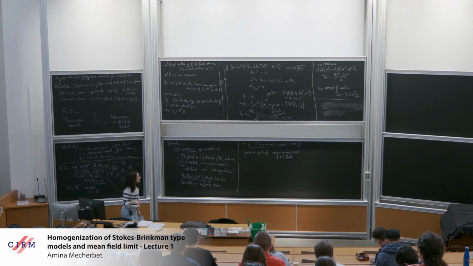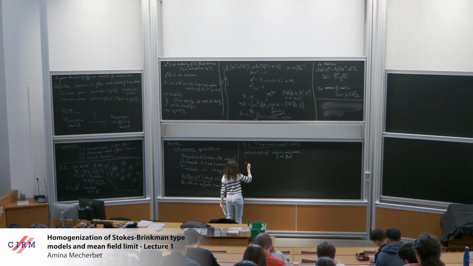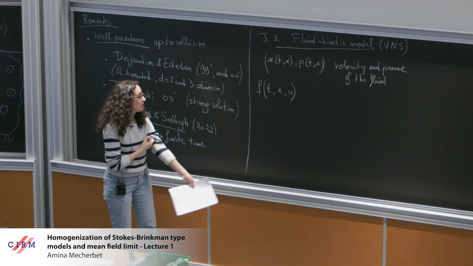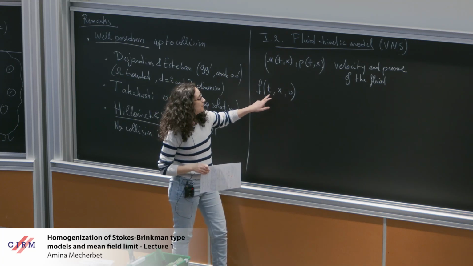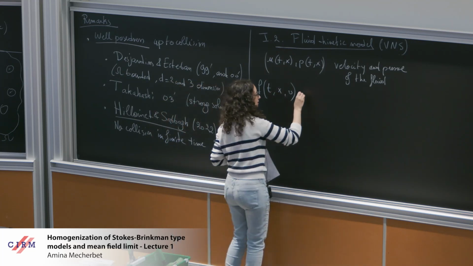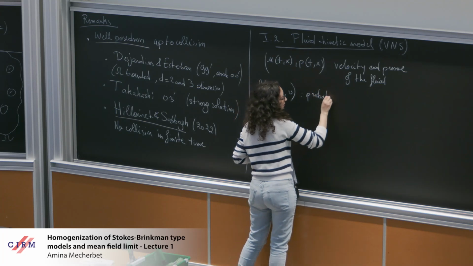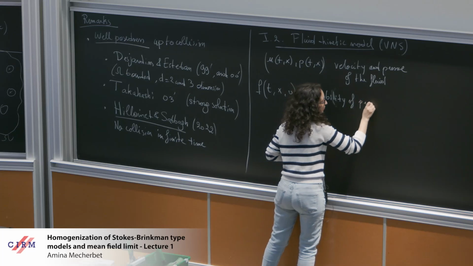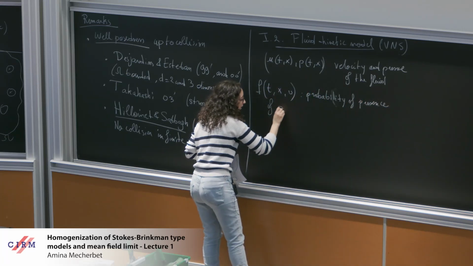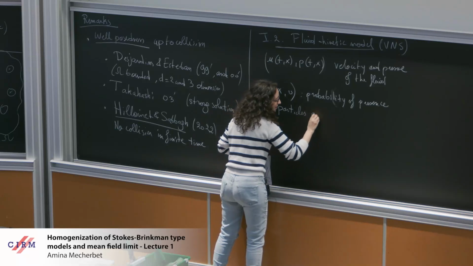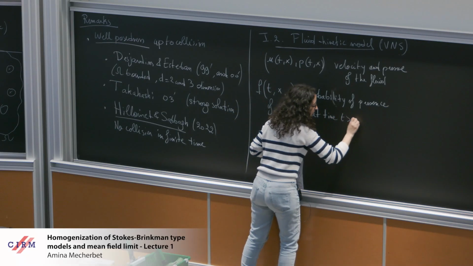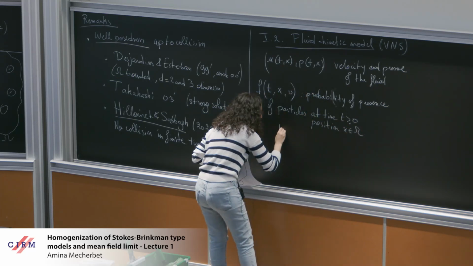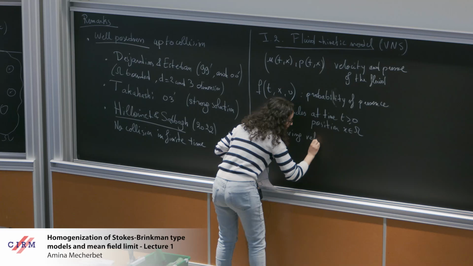So let's define f(t,x,v) as the probability of presence of particles at time t, located at position x, and having velocity v.